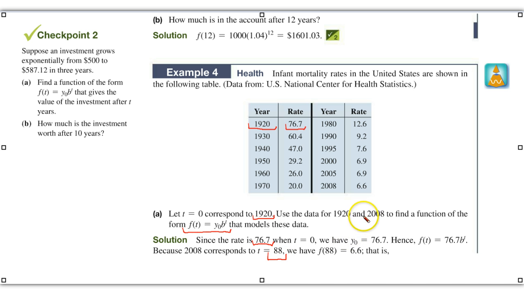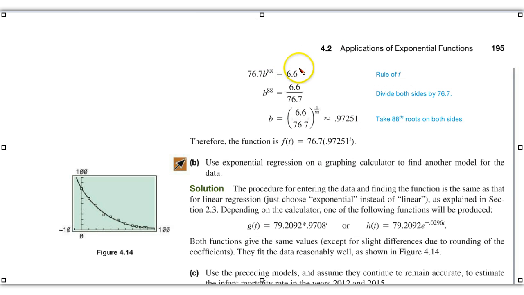So we can start to set it up. And as you can see, we have this when this is 0, as from before. And then in your booklet you can still see this, that this, with our time of 88 years, equals this new rate.